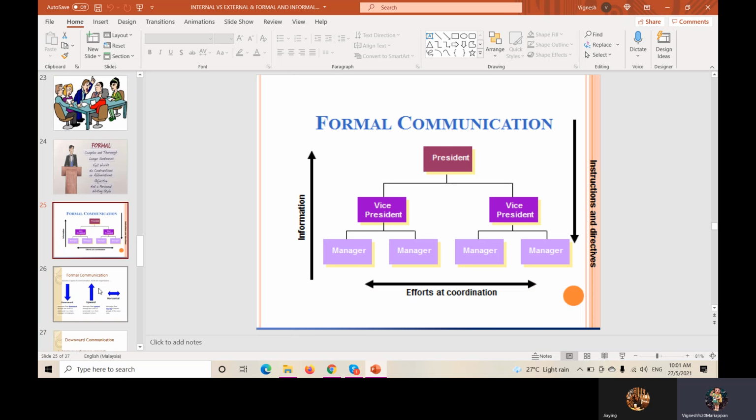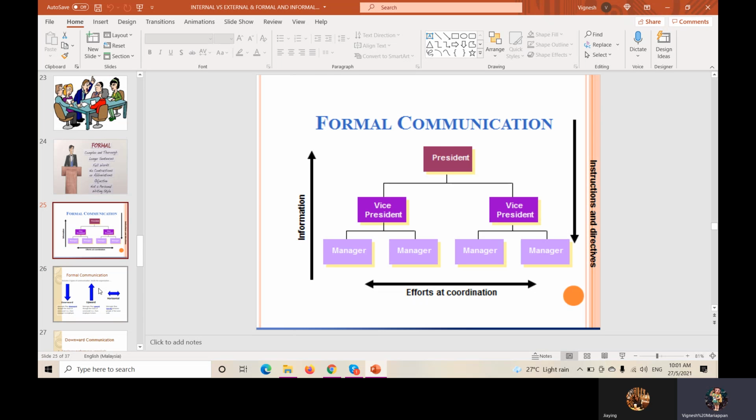Okay, let's say for formal communication, maybe the president sits with the vice presidents and all the managers, and then how are they going to pass the instructions to them, how are they going to exchange thoughts? Of course they have to use longer sentences, correct? They will use the proper words, the full words. They won't use any personal writing style to show off, correct?